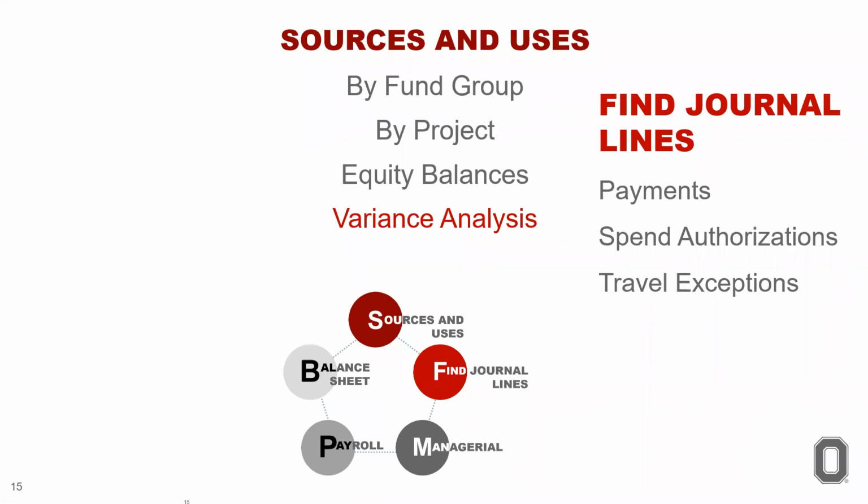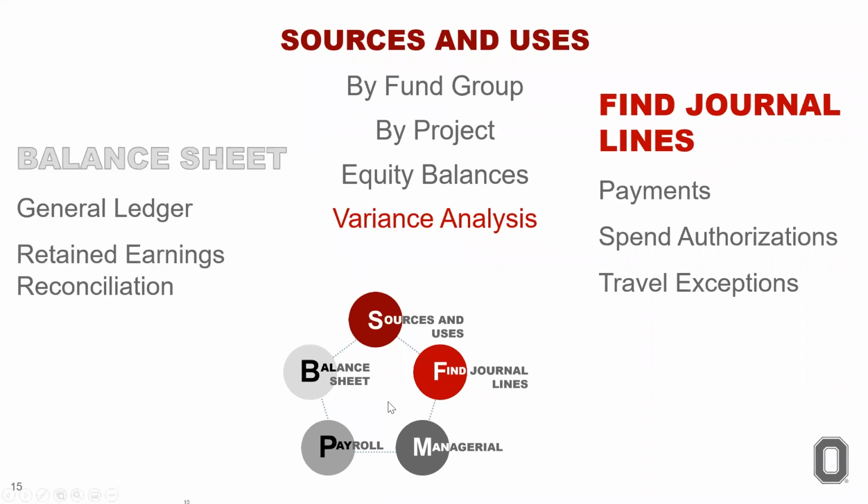Our third core reporting type is balance sheet, the statement of financial position at a point in time. Any balancing unit can generate a balance sheet, but it must make sense. The person in your unit who helped set up the FDM structure will know which apply to your unit.